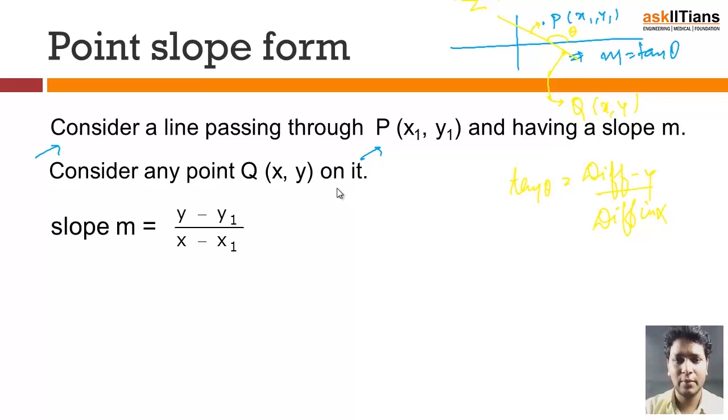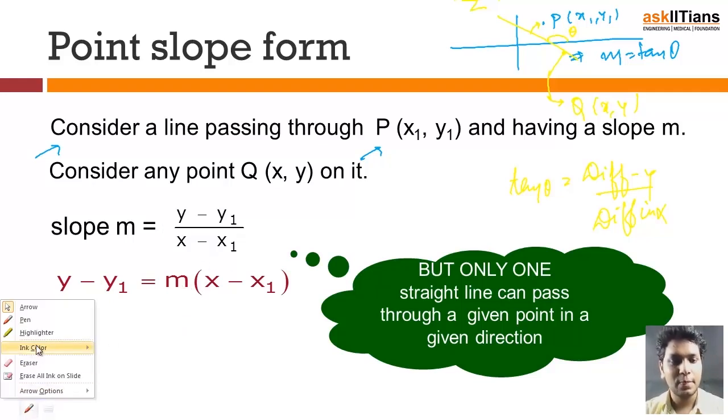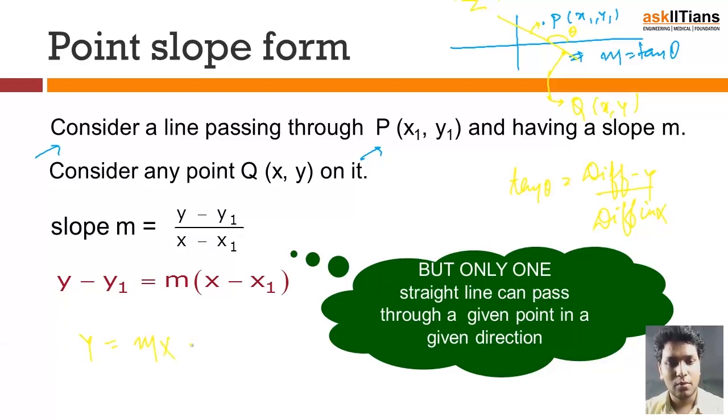So slope m can now be written as (y minus y1) upon (x minus x1), and the value of this is going to be m because that is given in the question. Now we can write that y minus y1 is nothing but m times (x minus x1), and this can further be written as y equals mx plus y1 minus mx1.